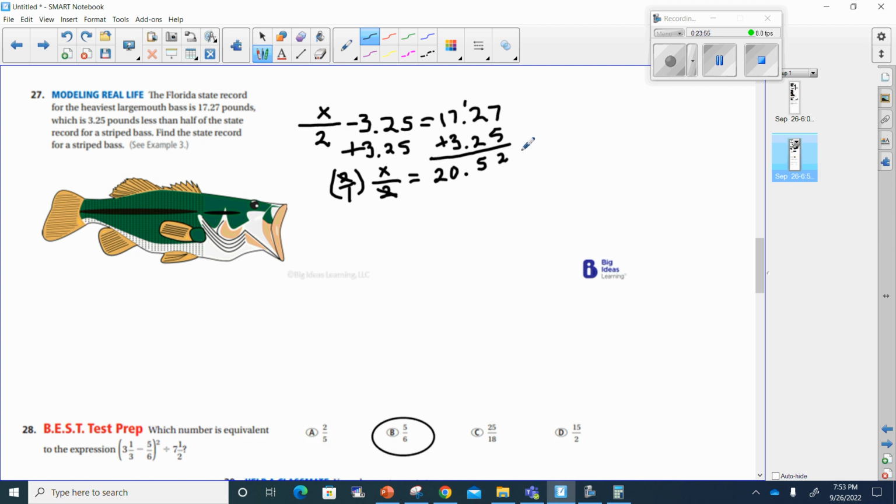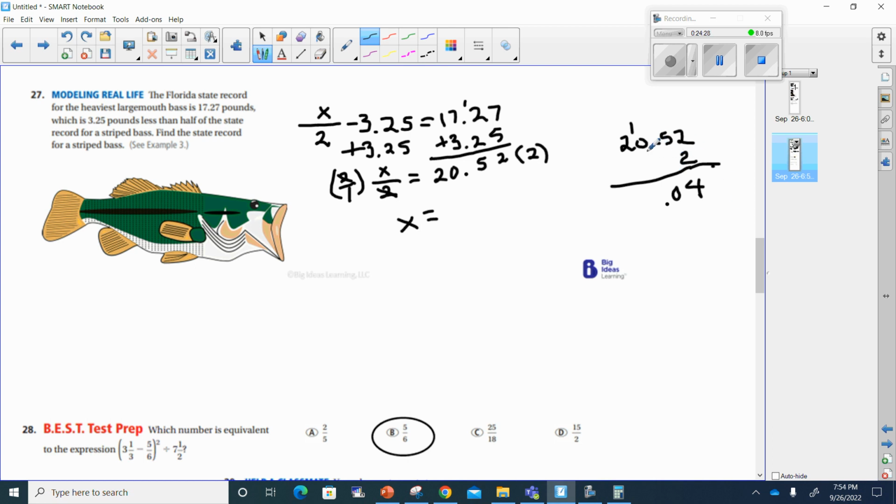Whatever I multiply to one side, I have to multiply to the other. X is now by itself, because x over 1 is x. And 20.52 times 2, that's going to give me a 4. That's going to give me a 10. Carry the 1.